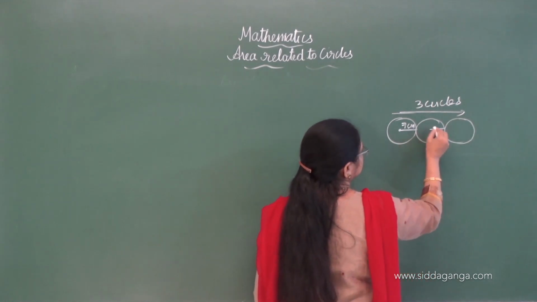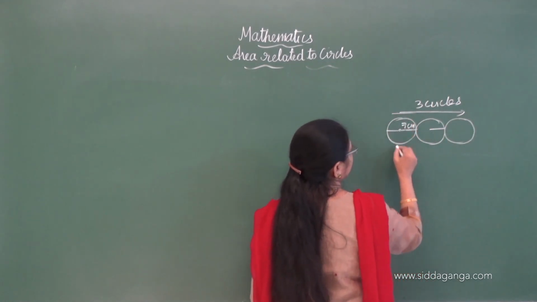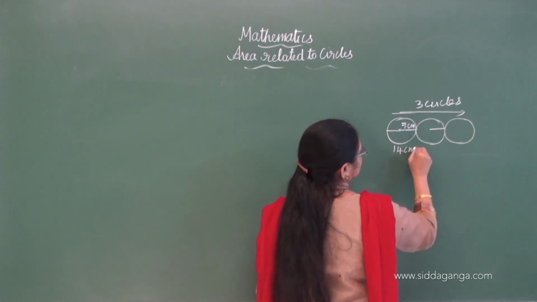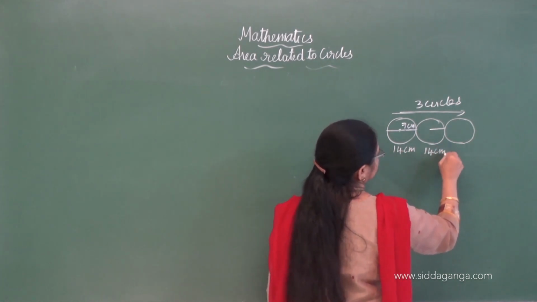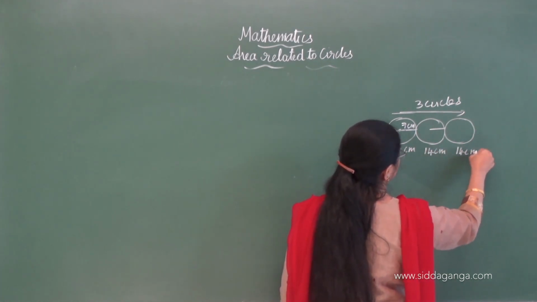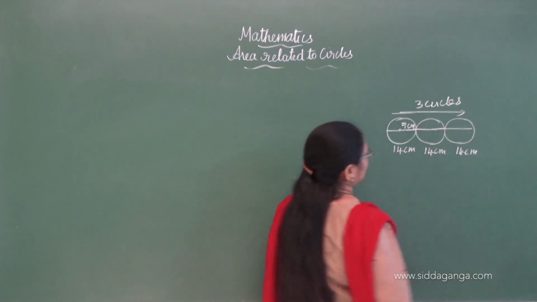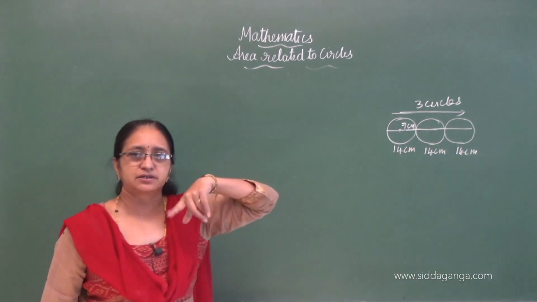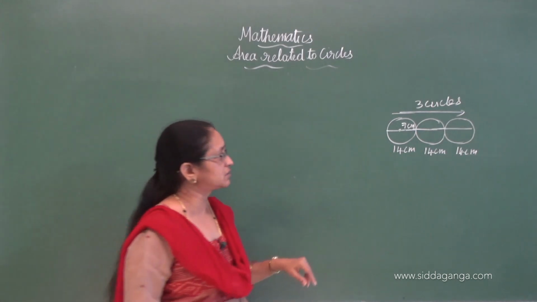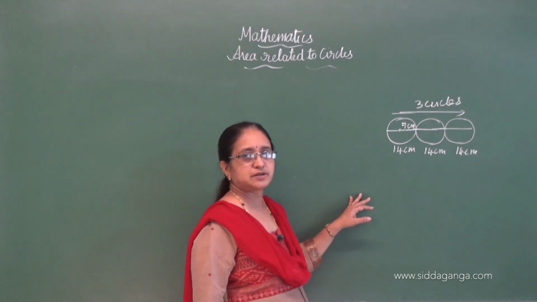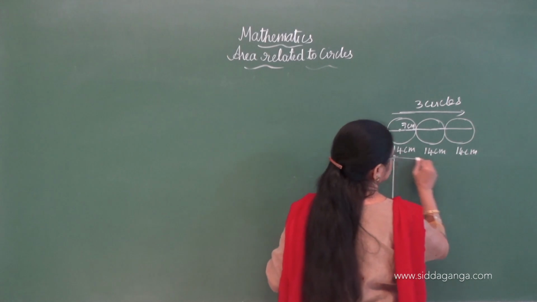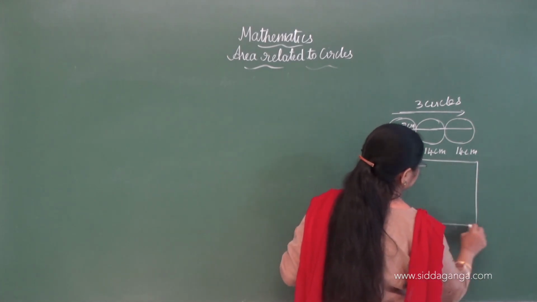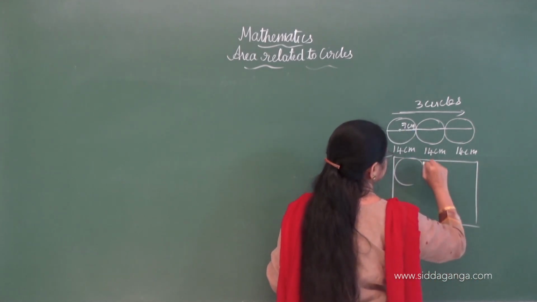So the diameter will be 14. So this is also 14 and this also 14 centimeter. I hope you understood how I calculate the side of the square. The diagram is there in your textbook, please observe it. So this will be the side of the square, since they have drawn the circles like this.